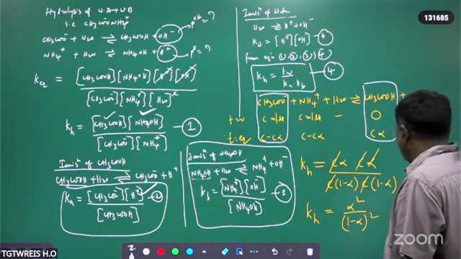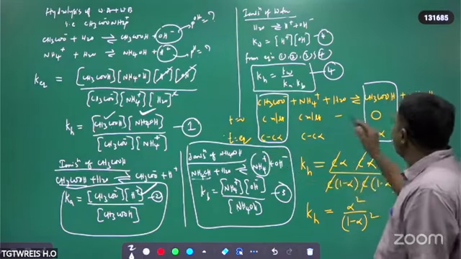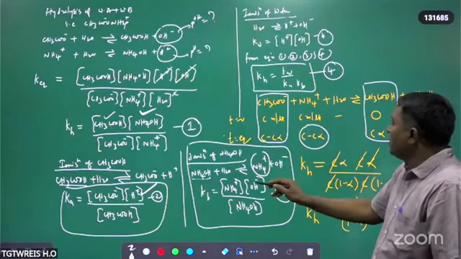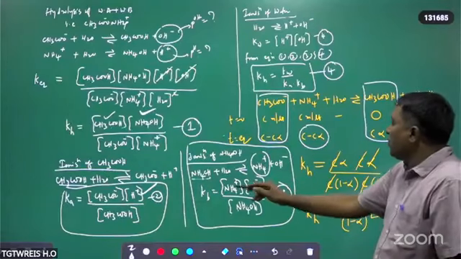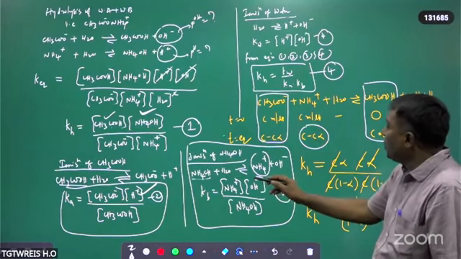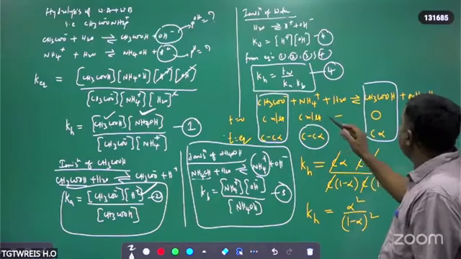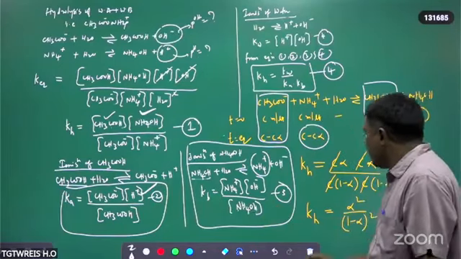NH4 plus concentration is C minus C alpha. You place C minus C alpha with the OH minus ion concentration. OH minus ion concentration is what we have to find. NH4OH is C alpha. So here we have C alpha.